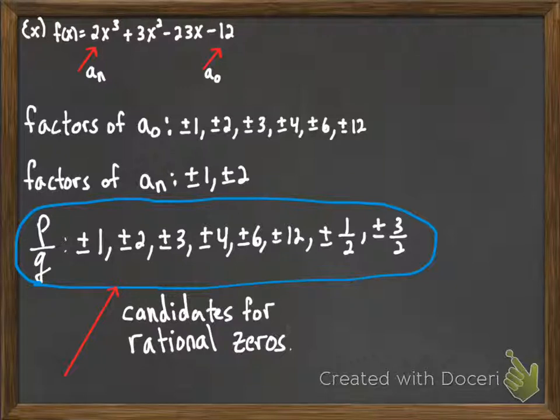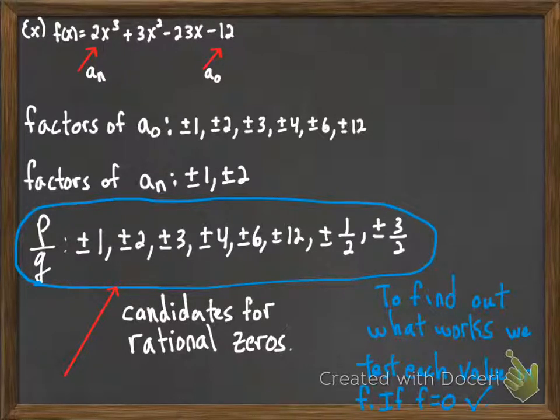But we take this list now, and in the old days, you would have to do synthetic division on every one of them, or evaluate the polynomial at every one of those values to find out what works. Well, that's what we're going to do, but we'll leverage the table menu of our graphing calculators to do this much quicker. To find out which one works, we test each value for that function.